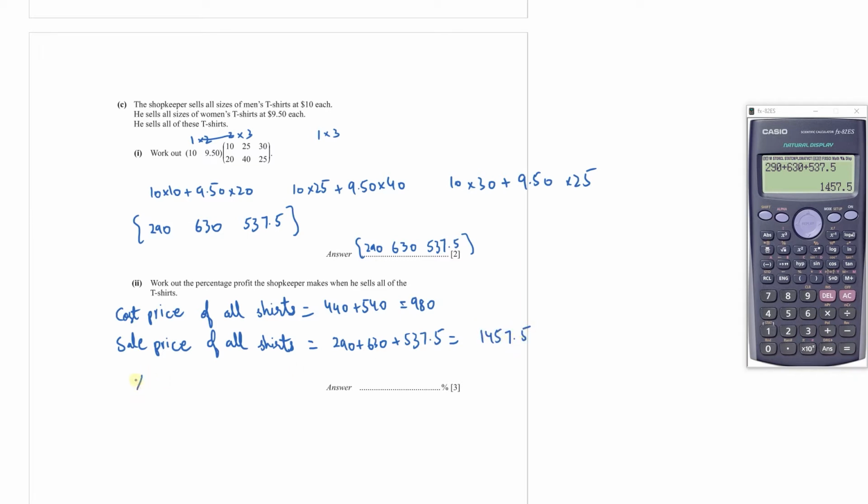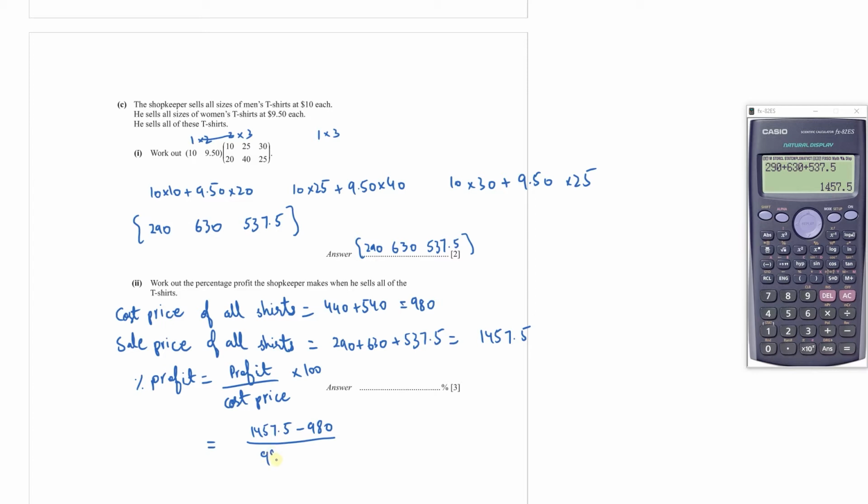1457.5. So percentage profit will be equal to the profit divided by cost price multiplied by 100. So what's the profit? It's 1457.5 minus 980. Sale price minus the cost price.